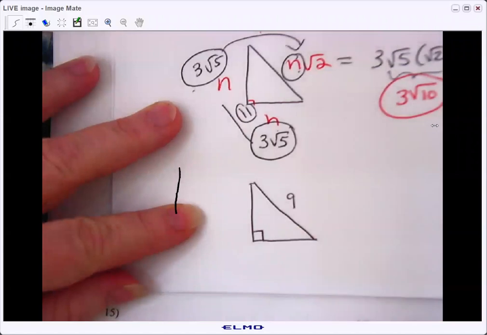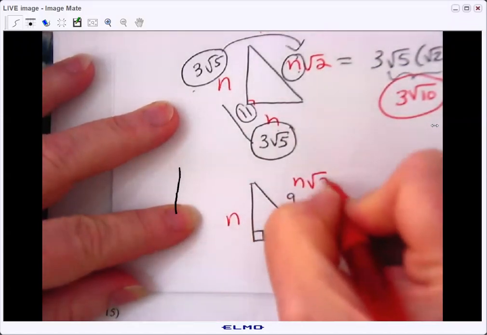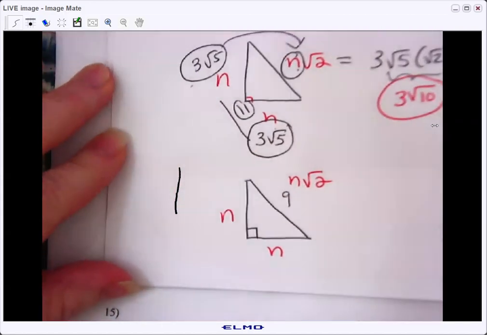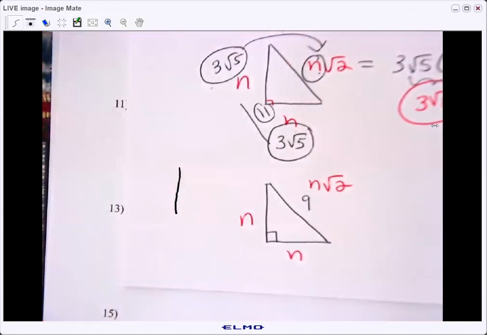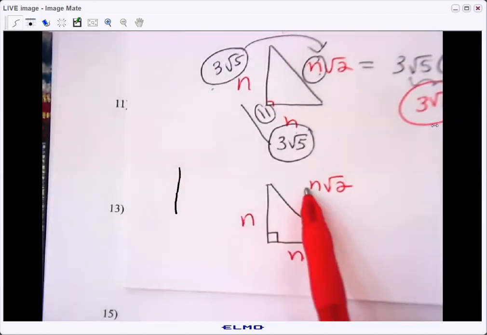Okay, so we've got n, and then root 2. I don't have n, so I don't know what they all have in common this time.